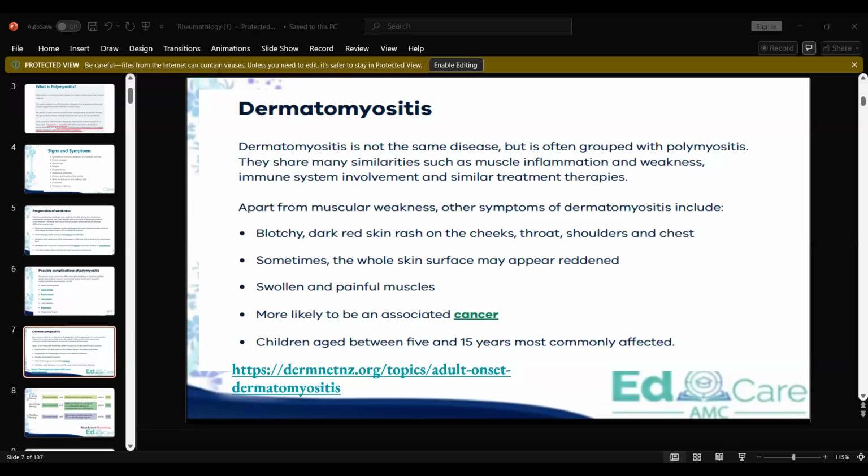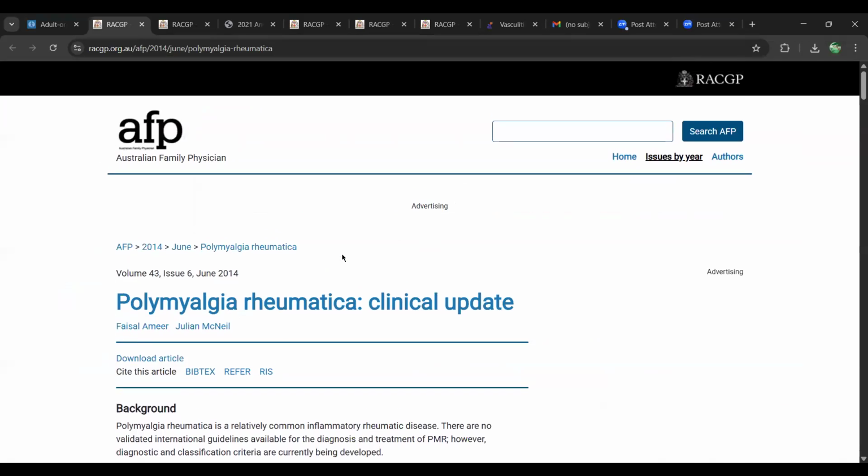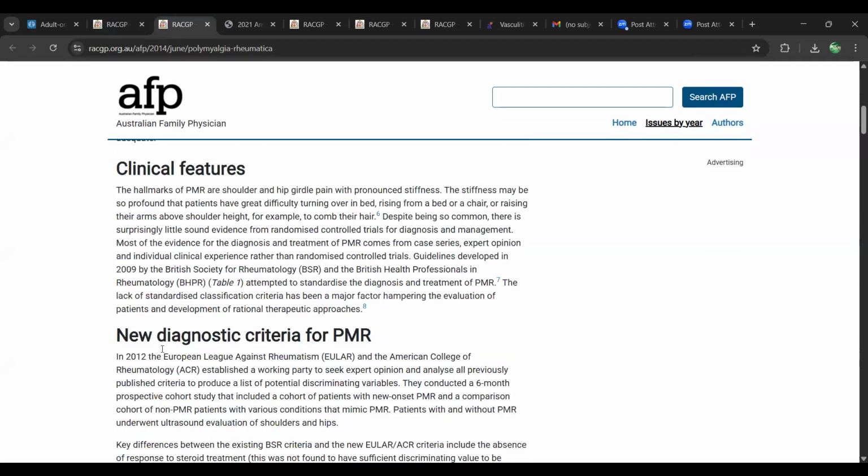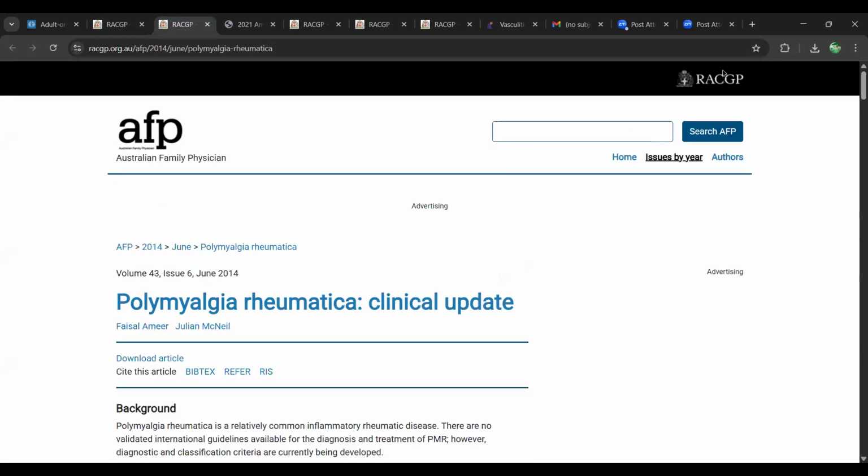So I'm just sharing the sorry, this is polymyalgia. It's a bit difficult to open with. So anyway, we'll just go through the polymyalgia rheumatica for the moment.